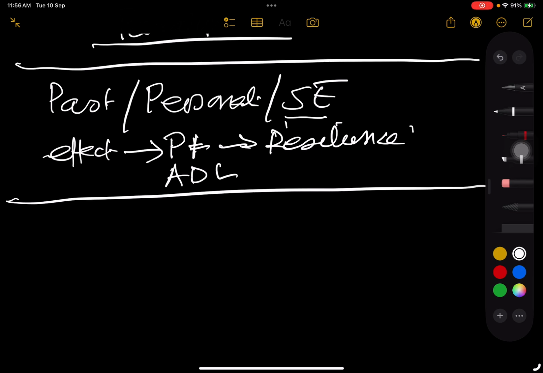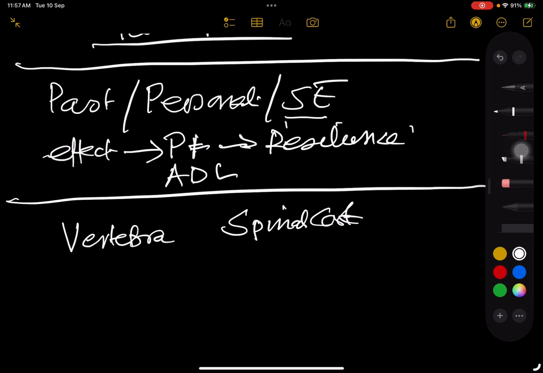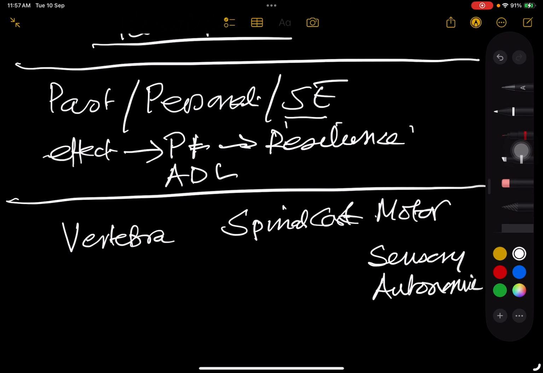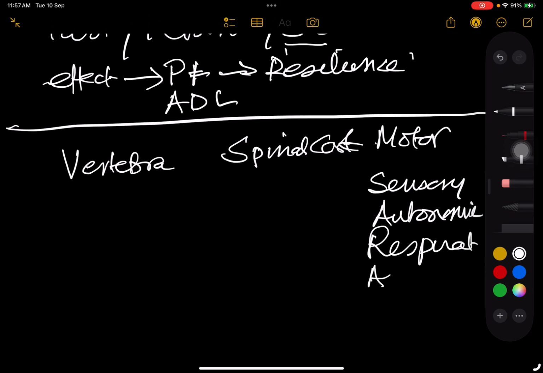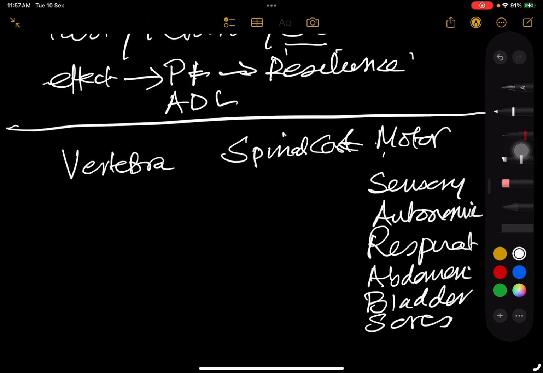Now, basically, the involvement of spine, pathogenesis is vertebra, spinal cord, and effects of spinal cord involvement including motor, sensory, autonomic, respiratory, abdomen, paralytic ileus, bladder, and sores. And in motor there is basically contractures or deformity or spasm.